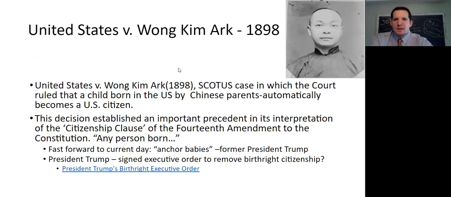So this is exactly what happened. This case goes all the way to the United States Supreme Court. They were two Chinese parents and they had a baby that got pictured there. And the question is, is he an American citizen? Therefore, does he get all the protections, privileges, immunities, due process that other Americans would get?